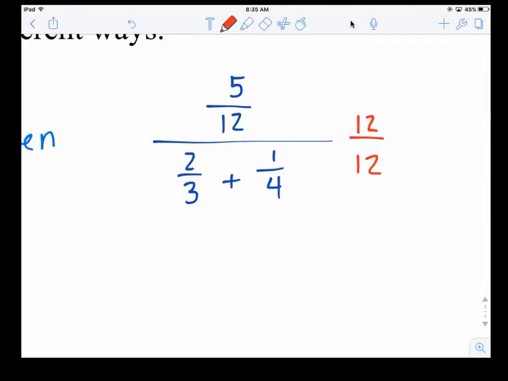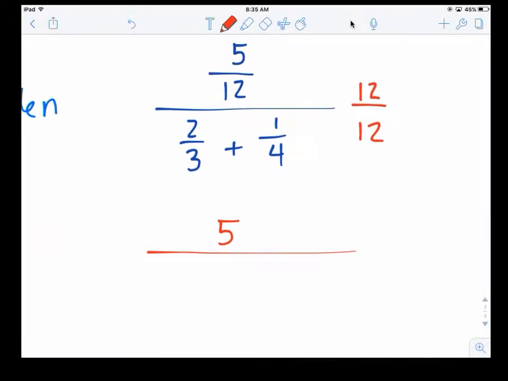When I do 5 over 12 times 12, I get just 5. Now, on the bottom, you take 2/3 and multiply it by 12. The 3 makes this a 4, and 2 times 4 is 8, because 3 goes into 12 4 times.